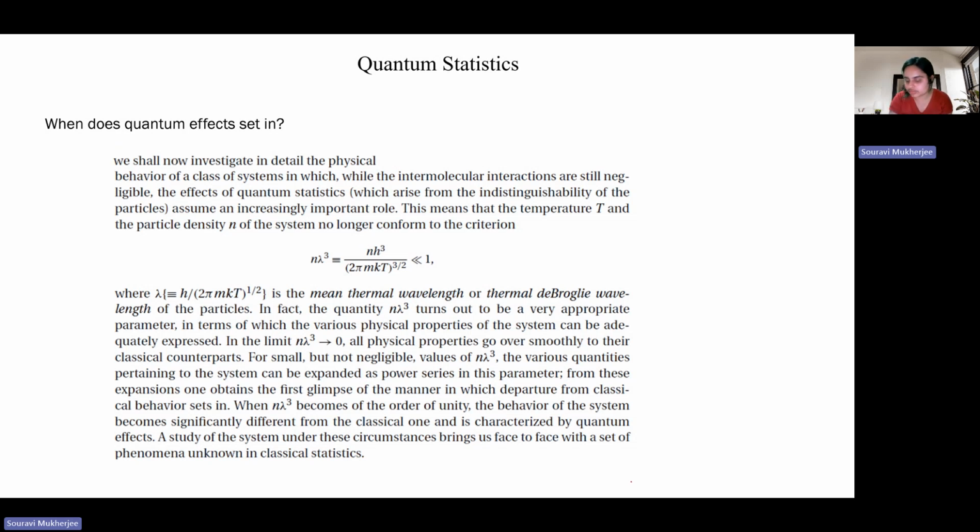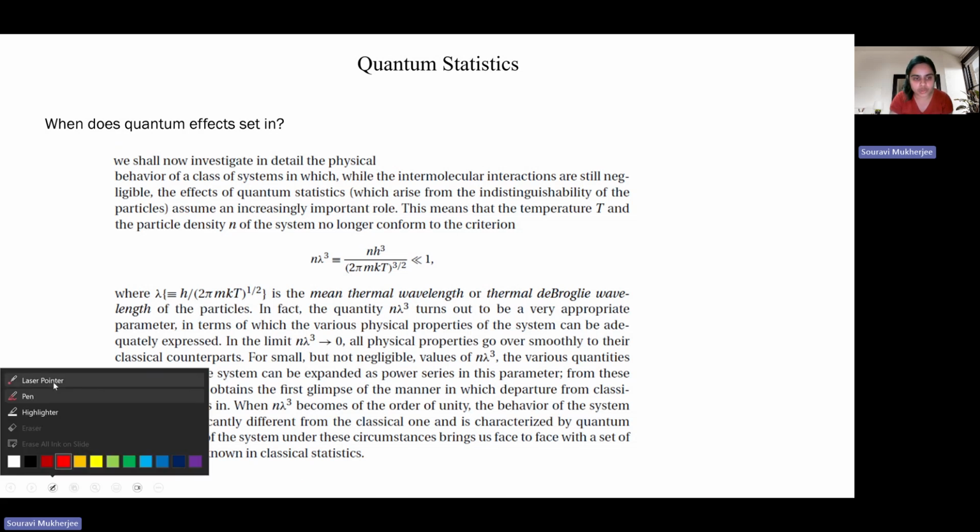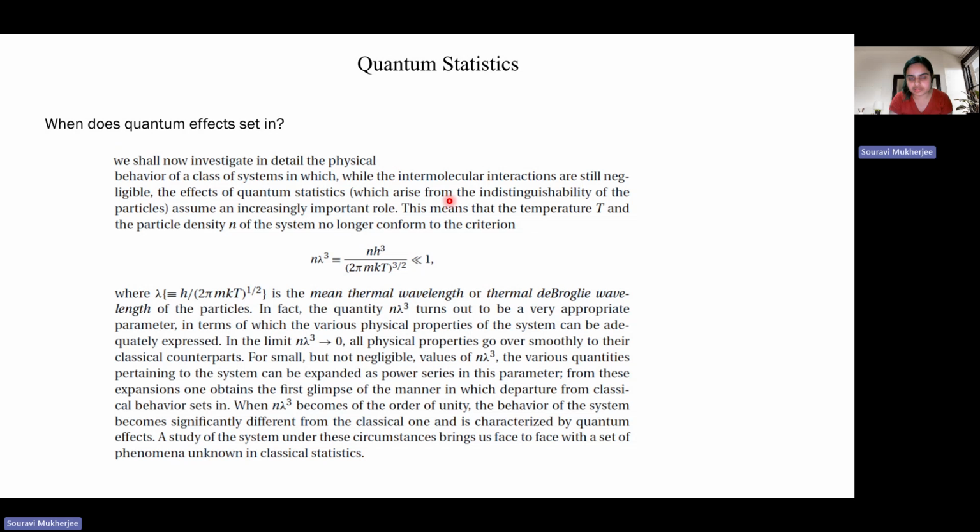What is the underlying feature that we're talking about? When we talk about quantum statistics, this arises from the indistinguishability of the particles. Though it's an ideal gas where there are no interactions, even then the quantum nature of the particles, the fact that they are indistinguishable, where does it become important? That's the limit that we want to find. This means that the temperature T and the number density n of the system no longer conform to this criterion.